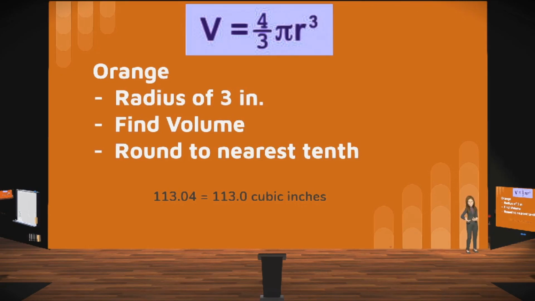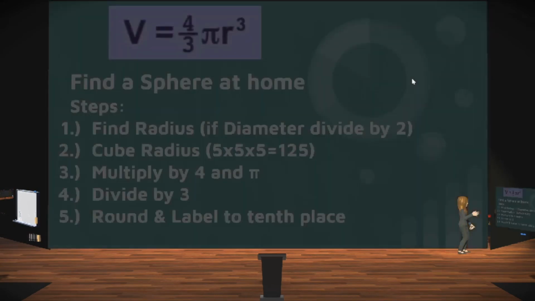When we're rounding to the nearest tenth, we're going to look at the 4 in the hundredths place. That 4 makes your 0 stay the same. So your answer would be 113.0 cubic units, because you want that 0 to hold the place. Now, I absolutely would accept 113 for your answer, but just realize that the 0 holds the tenth place.